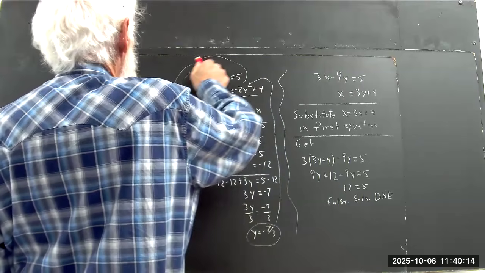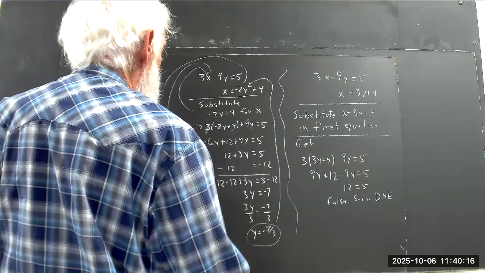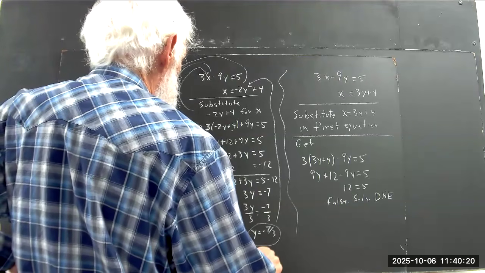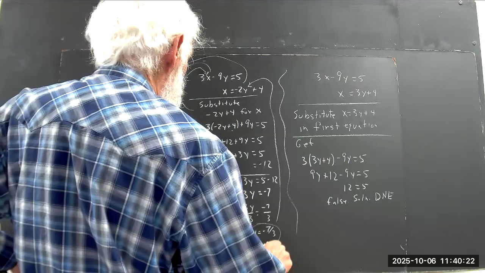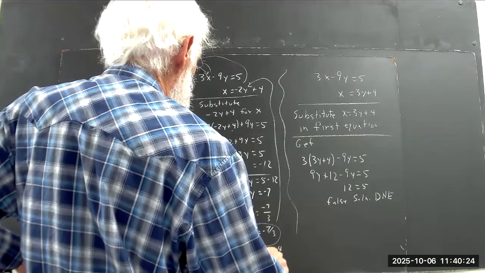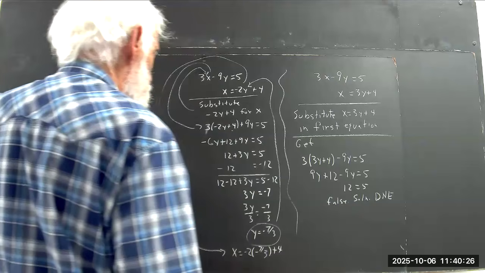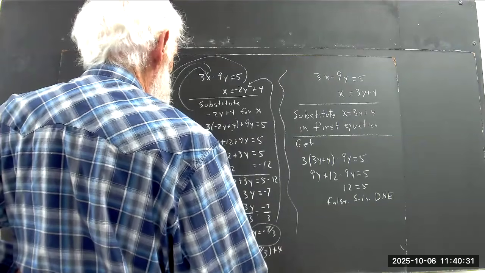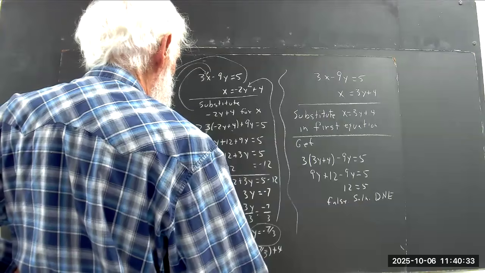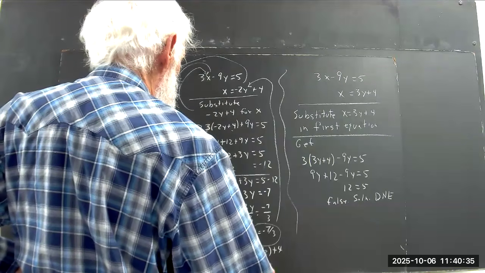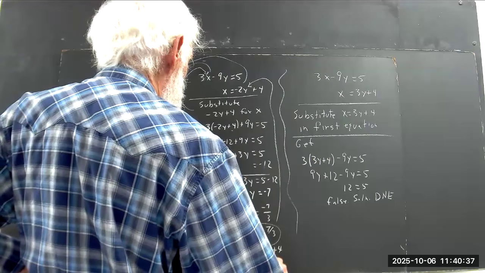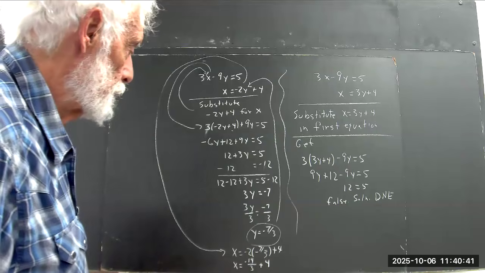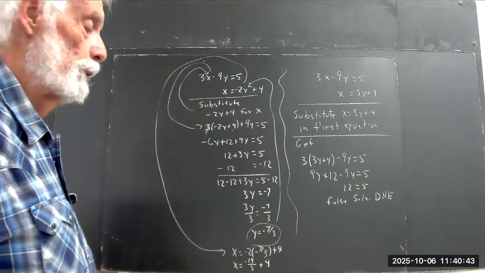And the second equation gives us x equals -2 times -7/3 plus 4. Well, -2 times -7/3, right there is your answer for x. You just got to add that to 4.